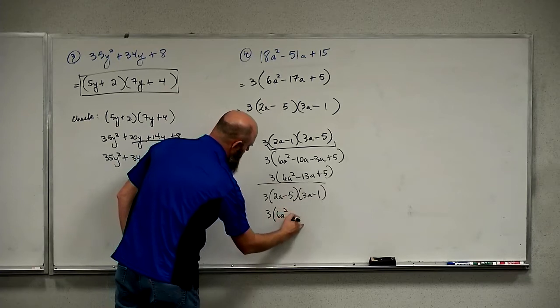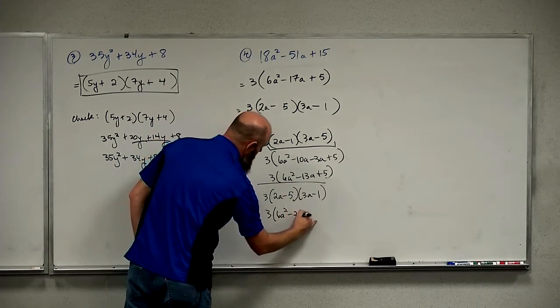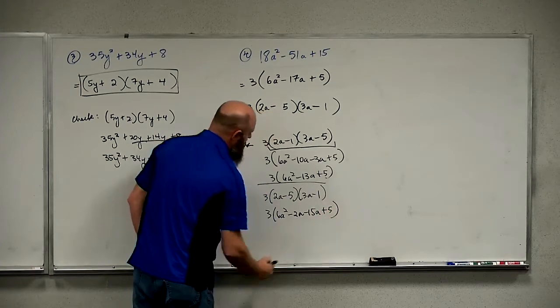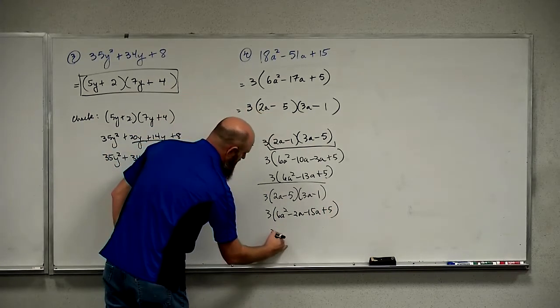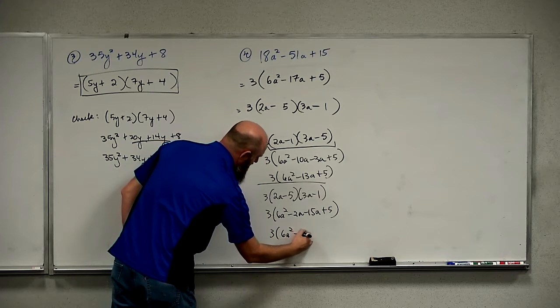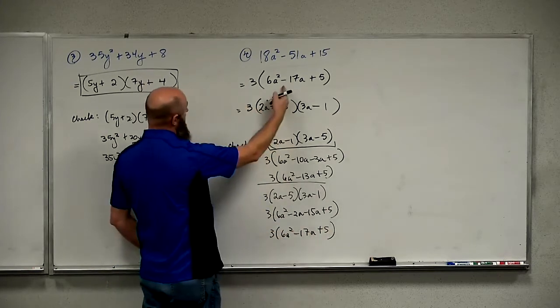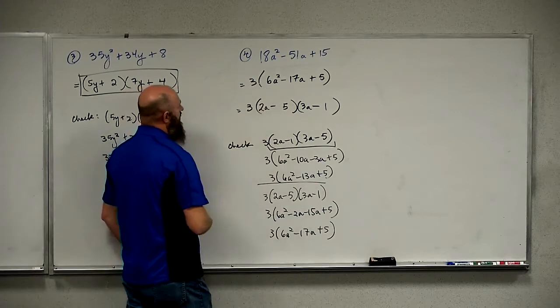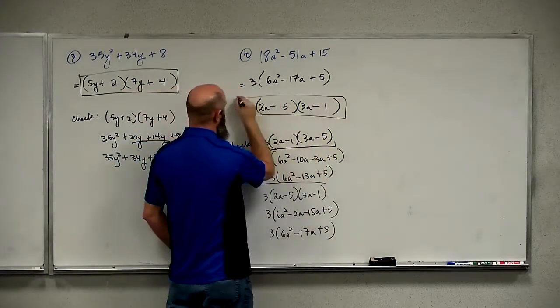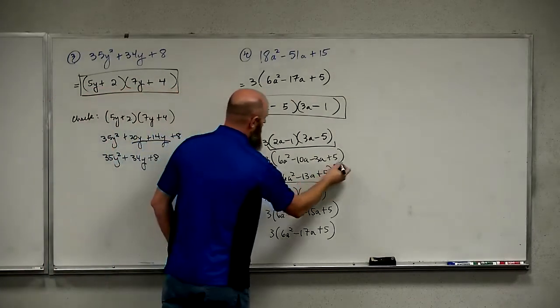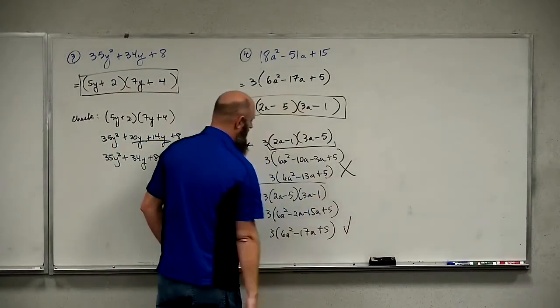So 6a squared minus 2a minus 15a plus 5 gives me 6a squared minus 17a plus 5. So that's good enough to say, hey, there it is. We know we did the other piece correctly. And there is our result. Okay, so this one was wrong. This one was right.